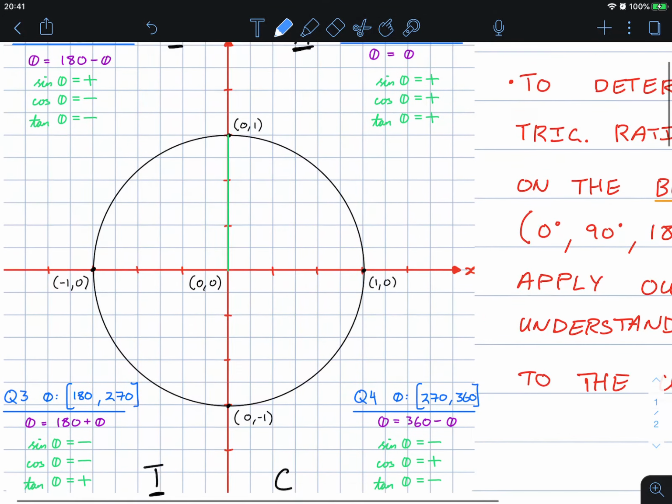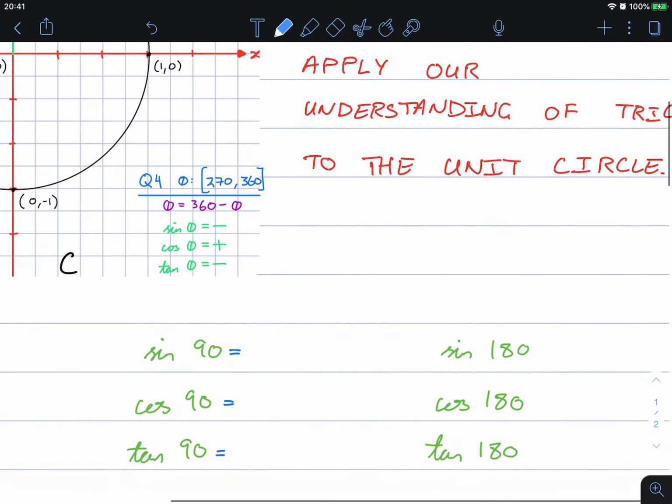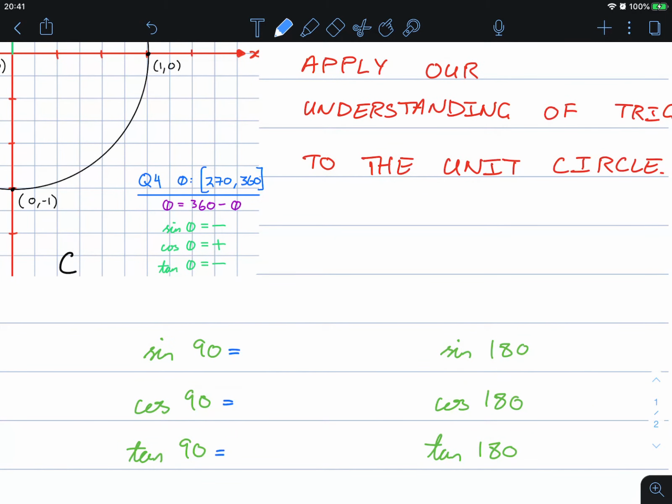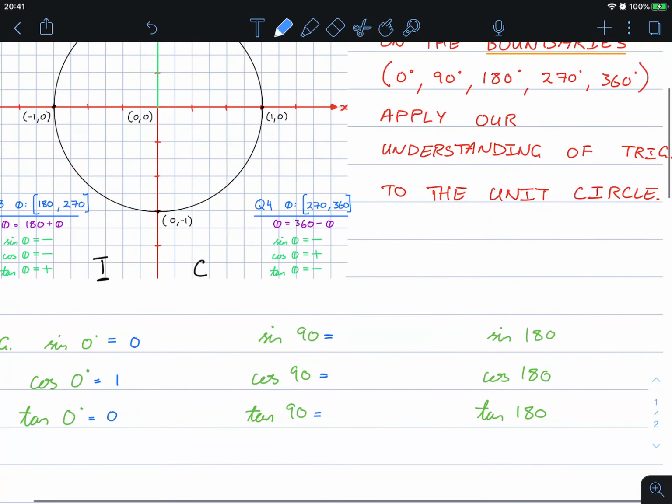And then from here we can determine what sine, cos, and tan are. Sine of 90. Now remember, sine takes the y value at the point that it ends, and in which case the y value is 1. So sine of 90 is 1.